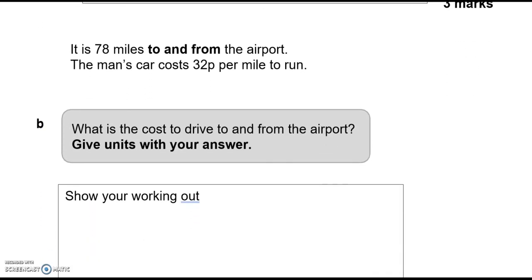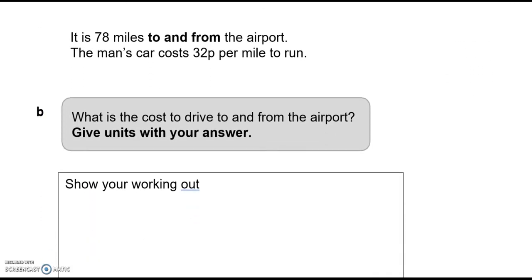It's 78 miles to and from the airport. The man's car costs 32p per mile to run. What is the cost to drive to and from the airport? Give units with your answer. Show your working out.